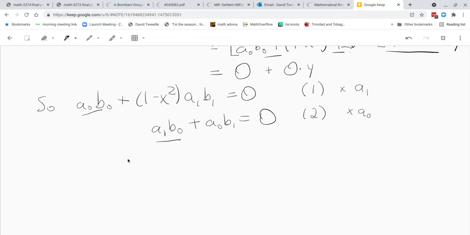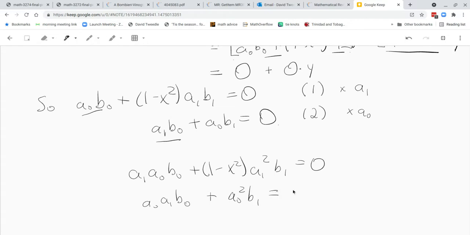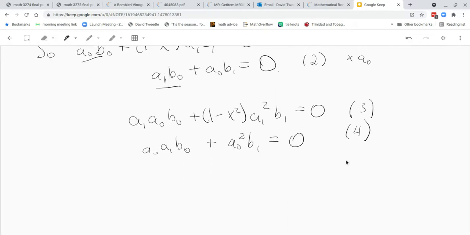We get A1 A0 B0 plus (1 minus X squared) A1 squared B1, and then we get A0 A1 B0, same thing, plus A0 squared B1 equals 0. Let's call this 3, call this 4. Let's do 4 minus 3.